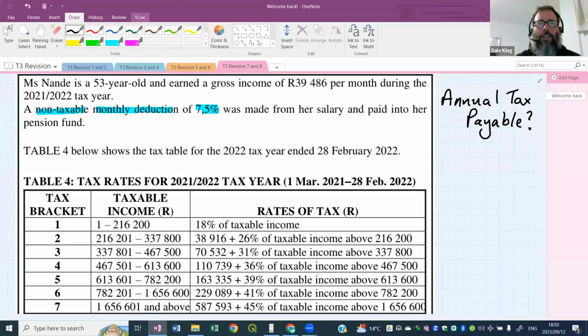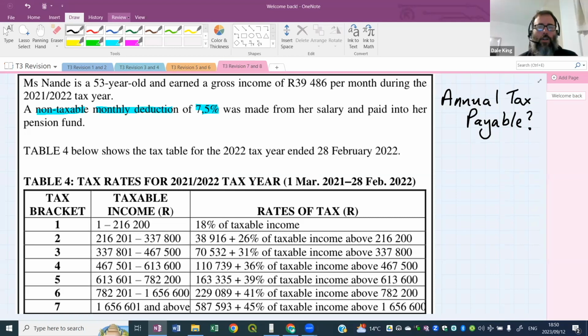You will not see this in grade 10. We're doing revision mostly for the matrics, and we're dragging you grade 10s along as we do it. If you're not sure how it works, it's absolutely fine. You will pick things up as we do this, and next year when they introduce it to you, it'll be a lot easier. And in matric, when you get the full tax table question, it'll be even easier.